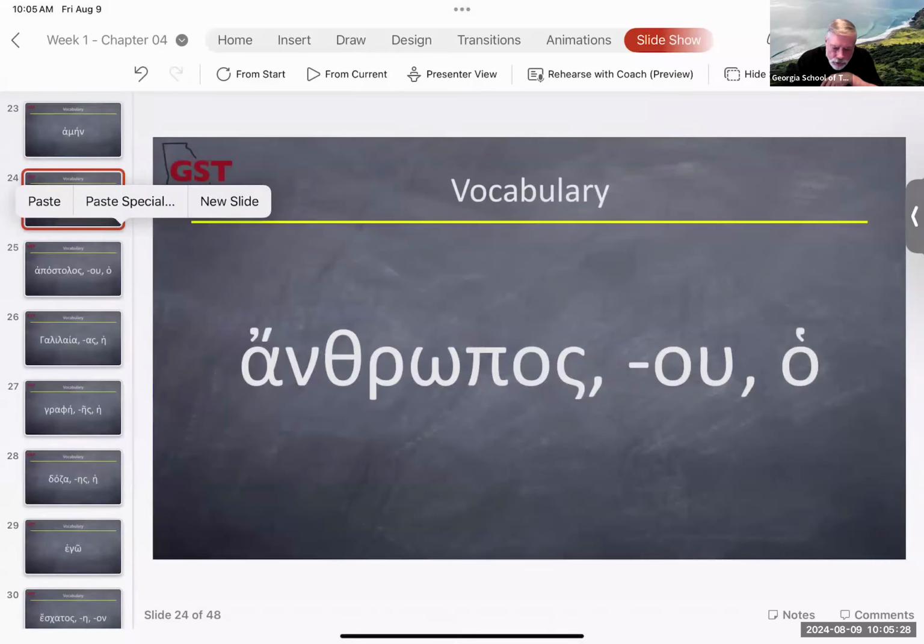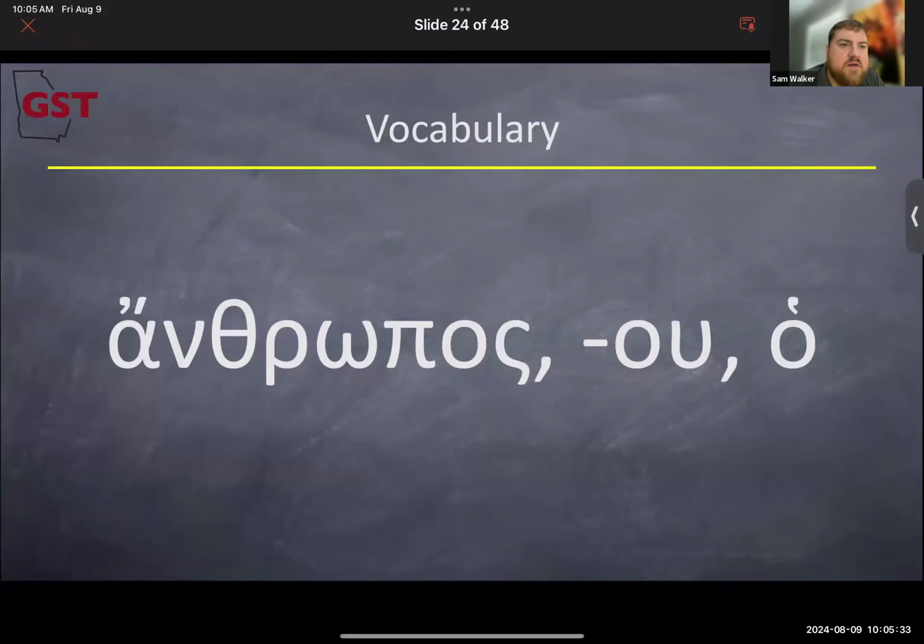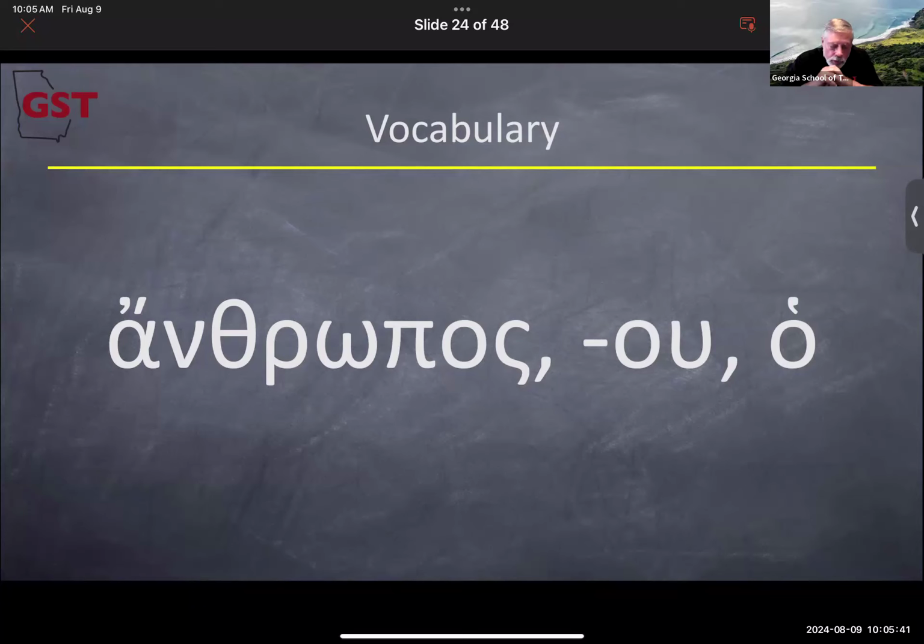All right, so the next word. Now, how many syllables are in this word? Three. Very good. Where would I make my division?